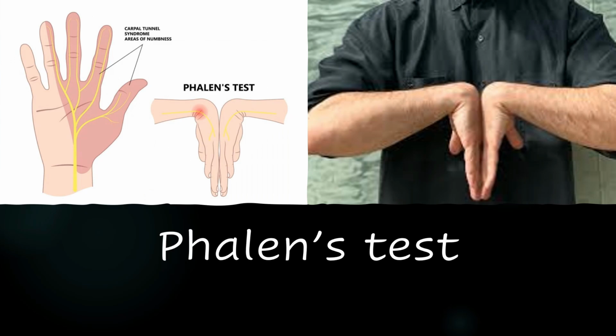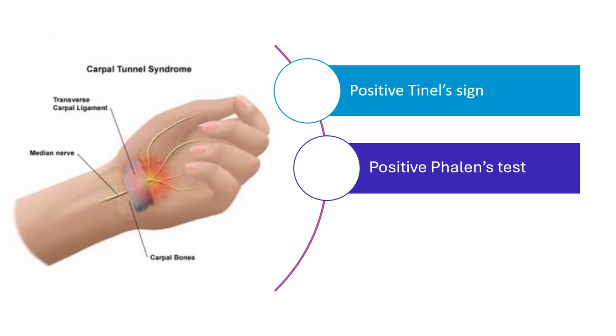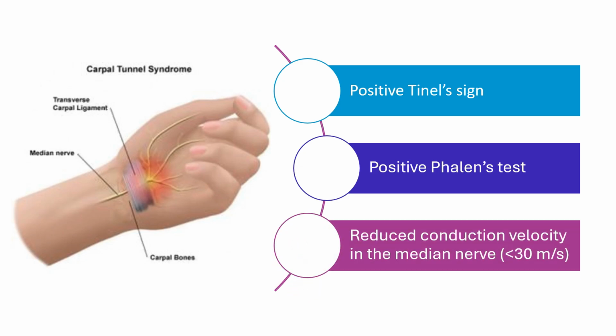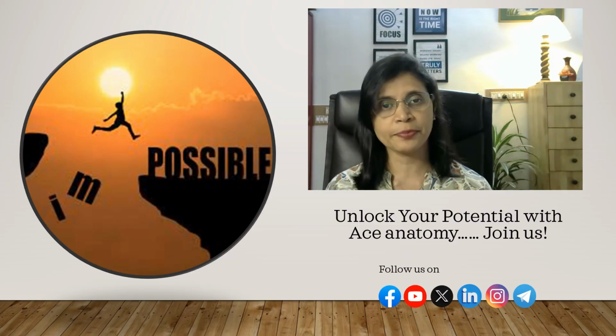Here the flexion of both the wrists against each other for 1 minute reproduces the patient's symptoms. Thus, a positive Tinel sign, a positive Phalen's test, and reduced conduction velocity in the median nerve is diagnostic of carpal tunnel syndrome.